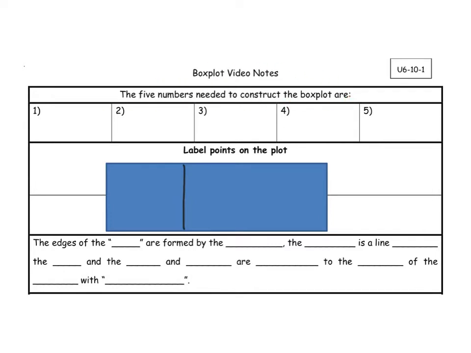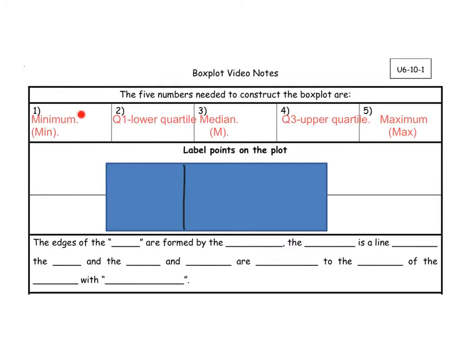And we can get all this on our calculator when we put our data in list 1, and we're going to practice with this in class tomorrow. We get that 5-number summary. The 5-number summary is the minimum, quartile 1, the lower quartile, the median, quartile 3, or the upper quartile, and the maximum. Again, the abbreviation for minimum is min.